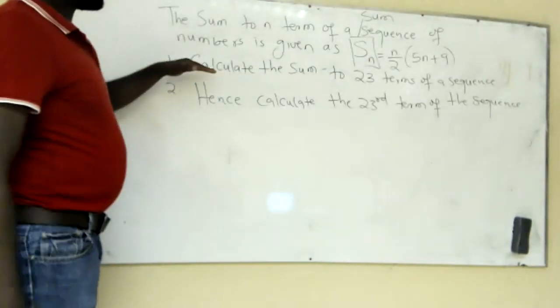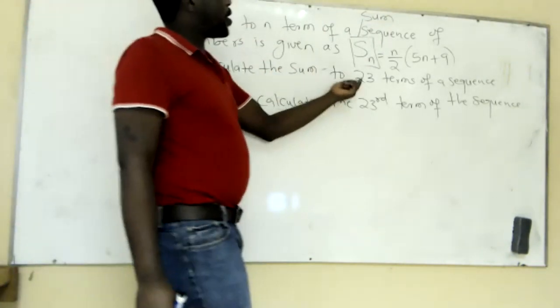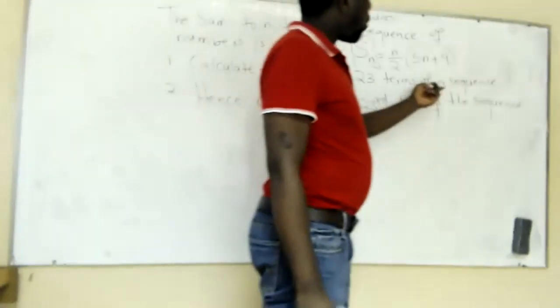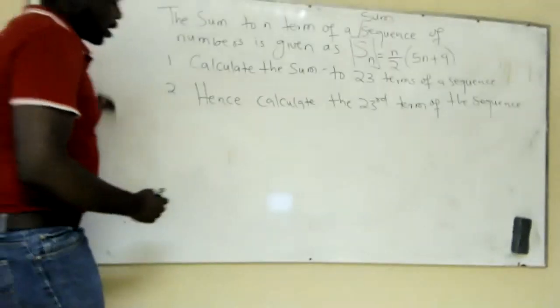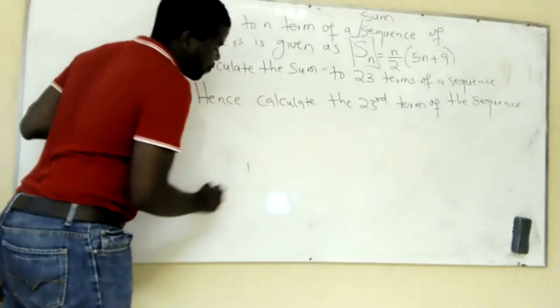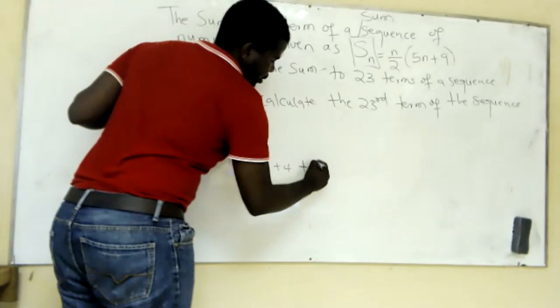In other words, we are given a formula for finding the summation of terms. Now the first question says, calculate the sum of 23 terms of a sequence. Let me take you back to that example I've given you of 1 plus 2 plus 4 plus 8.